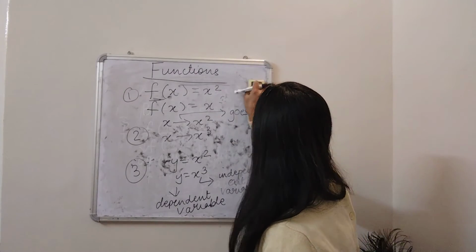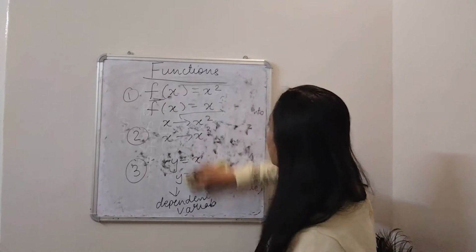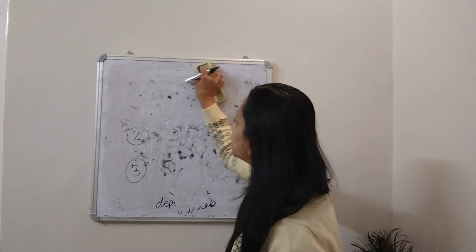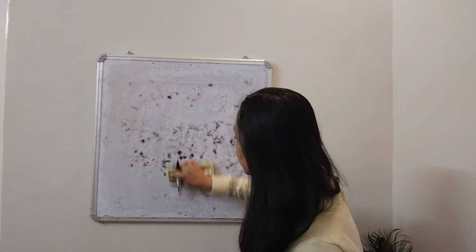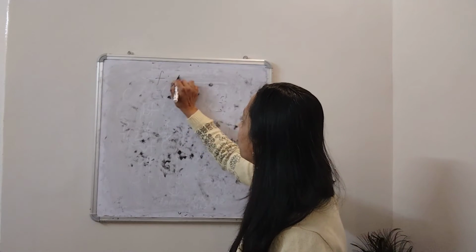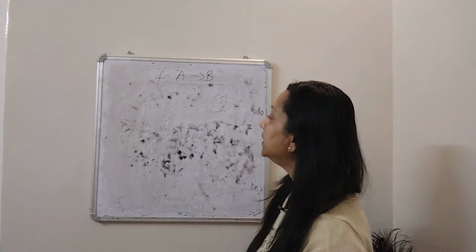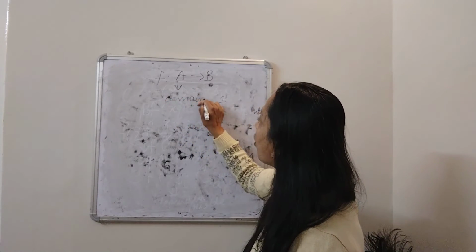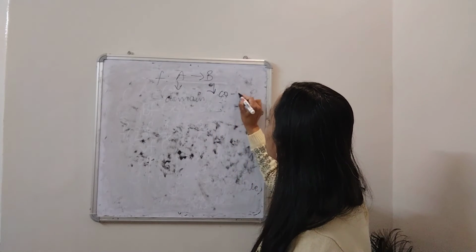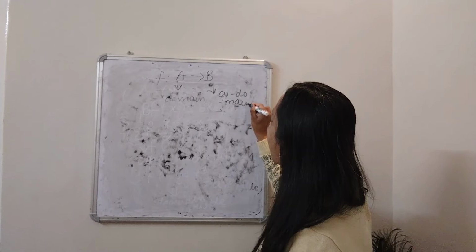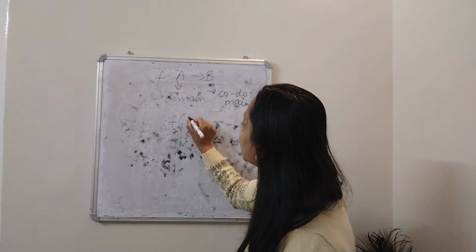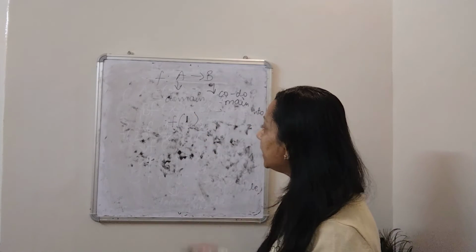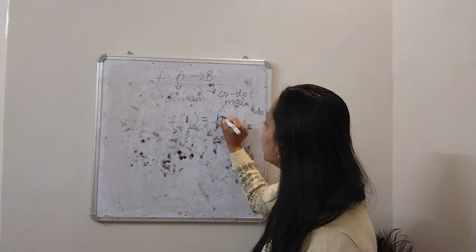So this is the concept of function. If a function goes from set A into set B, then all the elements of set A are called the domain and all the elements of set B are called the co-domain, and each value that you assign to the elements of set A from set B is called the image.